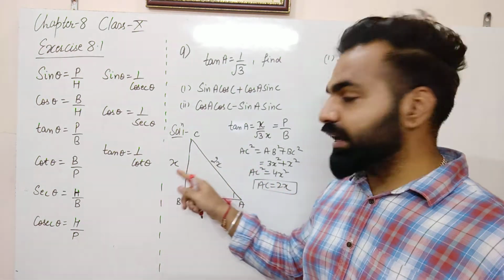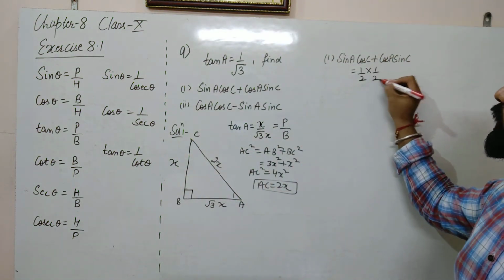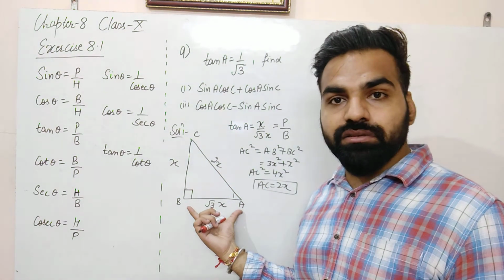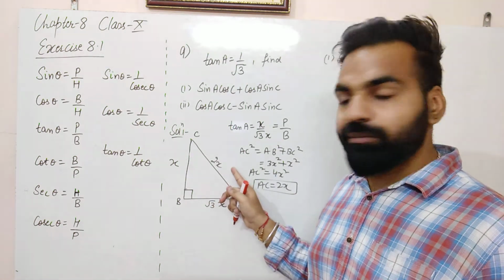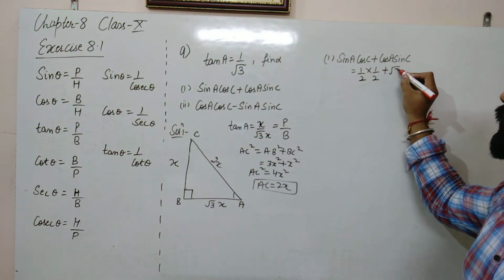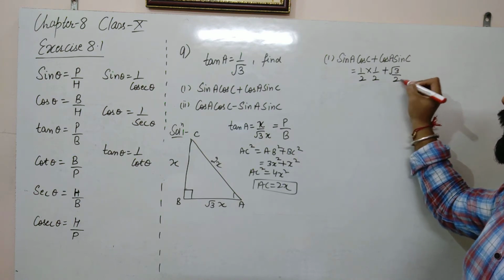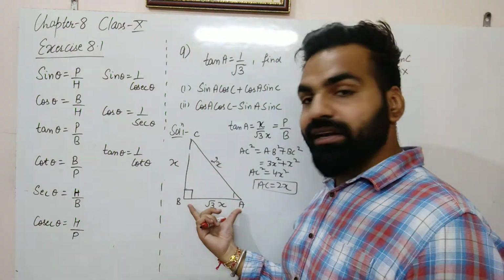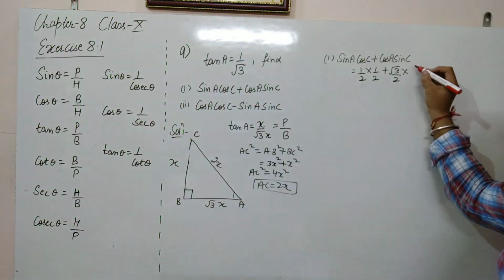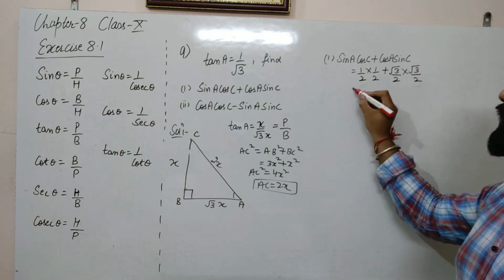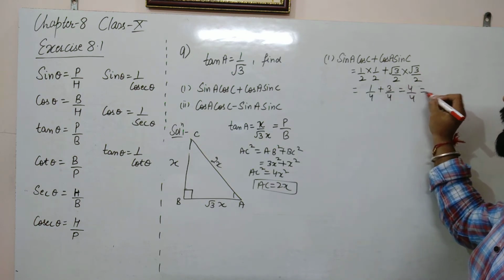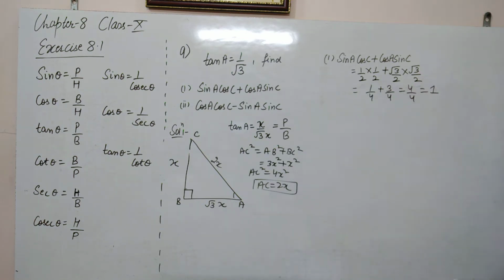So this is B by H, that is 1 by 2 again. Clear? Now what is cos A? For A this is the base, cos is base by hypotenuse, that is root 3 by 2. And sin C. For C this is the base and this is perpendicular and sin is P by H and this is again root 3 by 2. So this is 1 by 4 plus 3 by 4, this is 4 by 4, which is equal to 1. So sin A cos C plus cos A sin C is equal to 1.